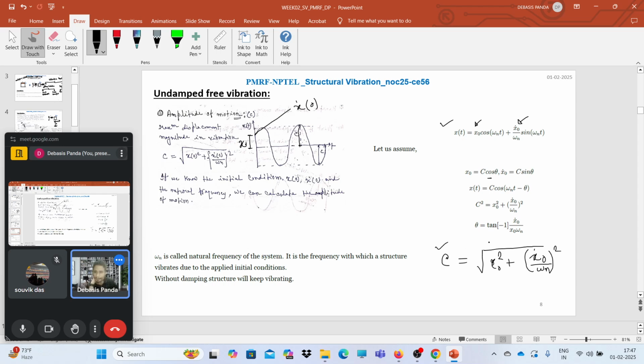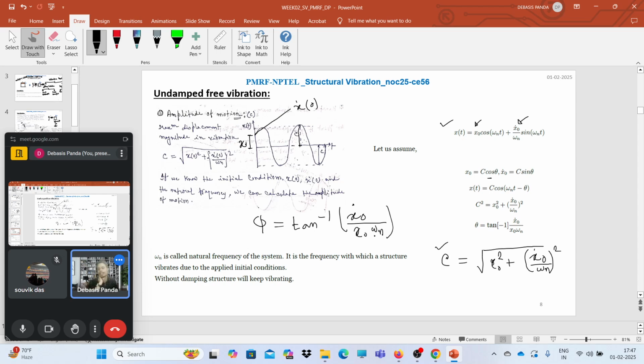Right, now how can we calculate the phase phi or theta? It's nothing but tan inverse of b by a, so tan inverse of the initial velocity divided by the initial displacement and omega n.